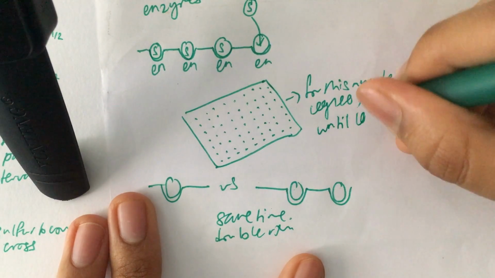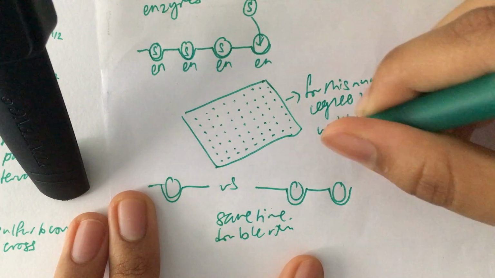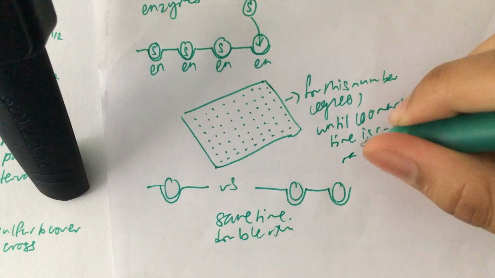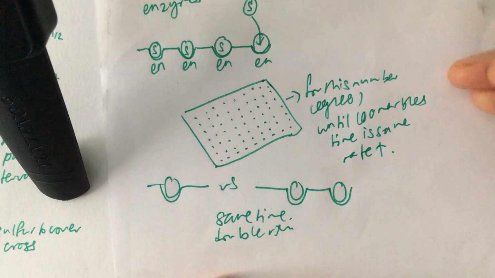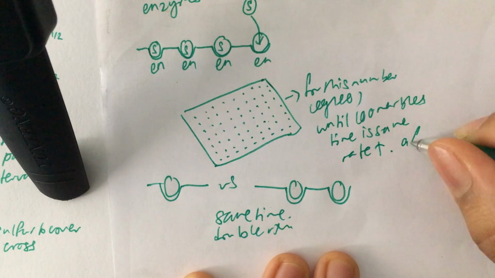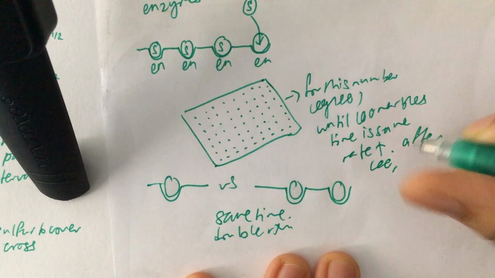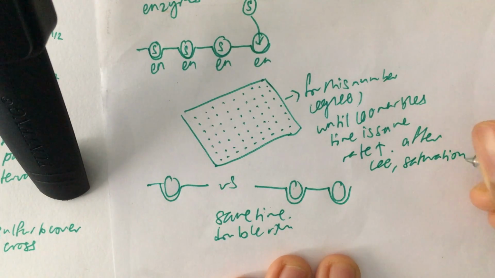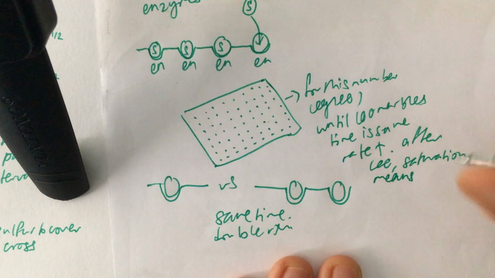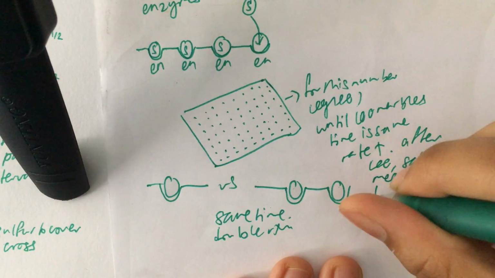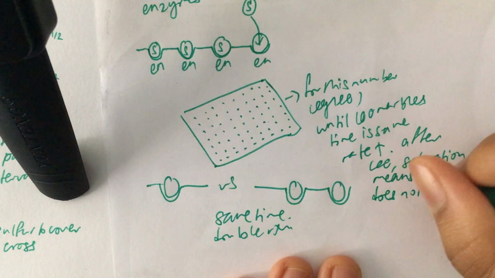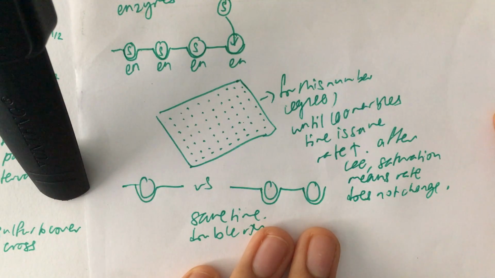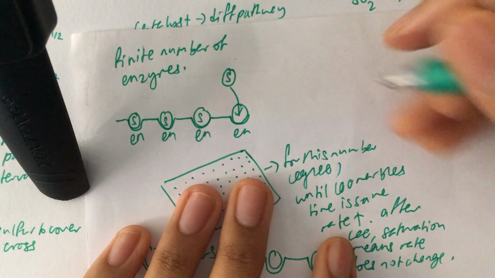Therefore the rate is at a plateau, so it cannot really change after that. After a certain concentration of substrate, all of the enzymes are saturated, and therefore the addition of extra substrate will not change the reaction anymore. If you imagine it that way, you can see how the rate remains the same once the enzymes are saturated. That's pretty much it.